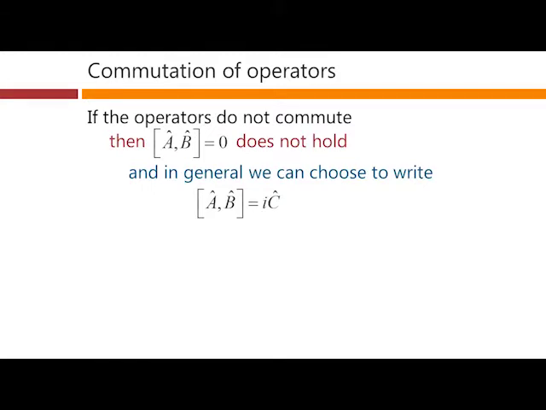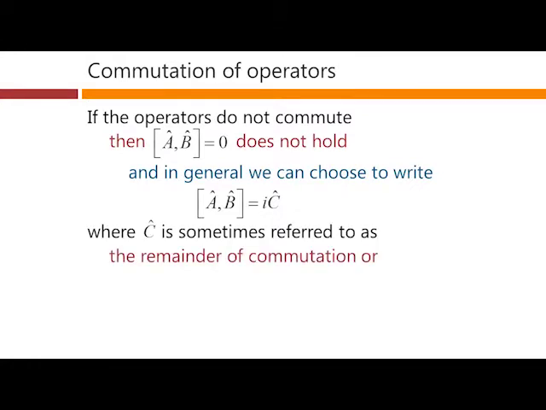So if the commutator of A and B is not equal to 0, we say it's equal to I times C. And we sometimes refer to this operator, C, as the remainder of commutation, or what we could call the commutation rest.